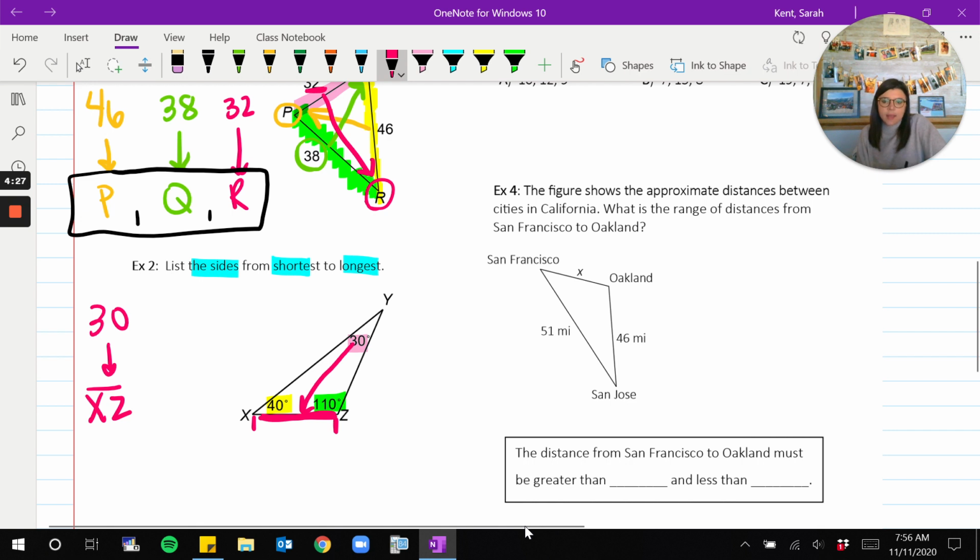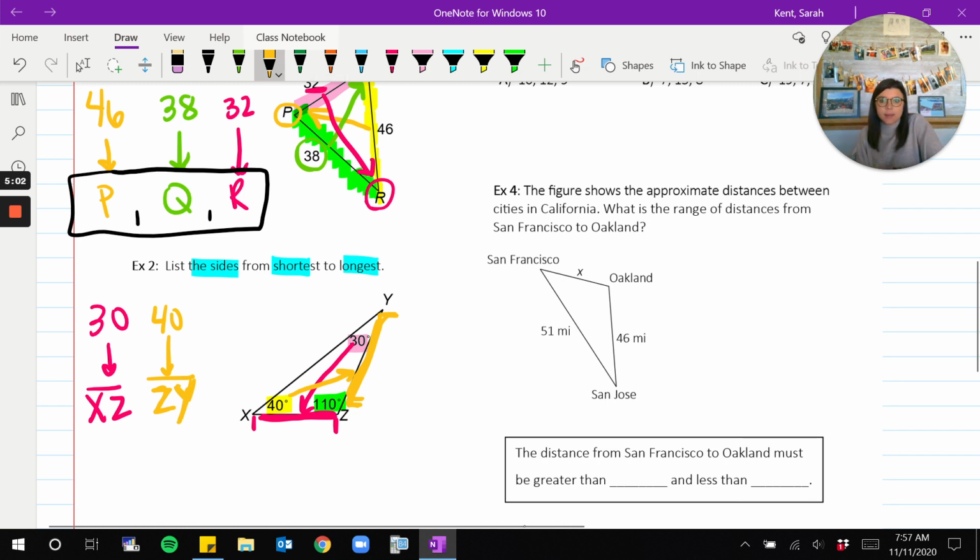Then I need the next smallest, which would be 40. Again, if I look across from 40, I end up on this side, which is between the letters Z and Y. So my next side would be ZY. And we're putting this segment symbol above those letters so we know it's a side.